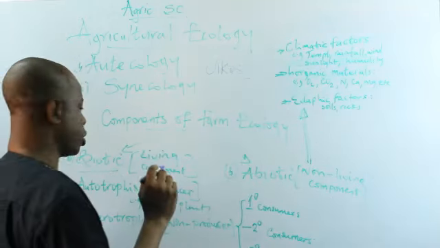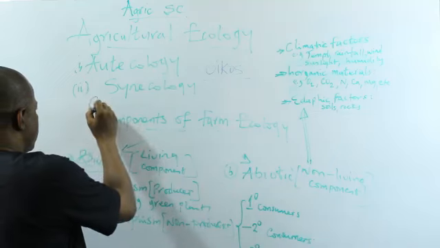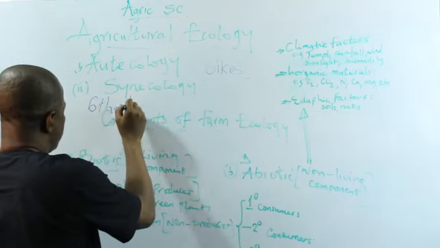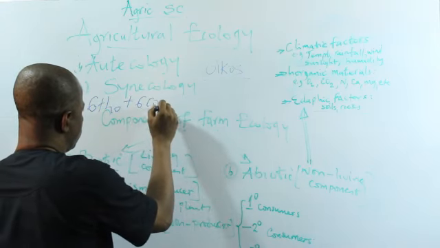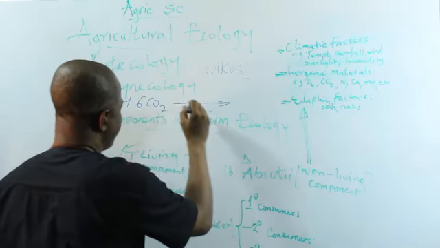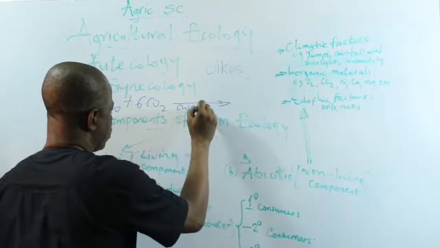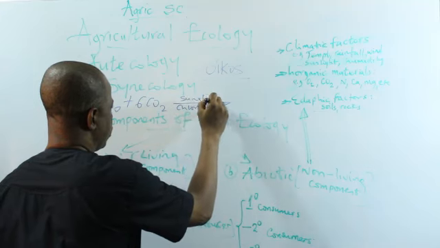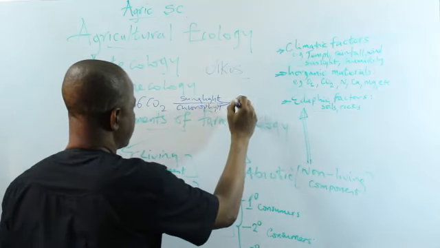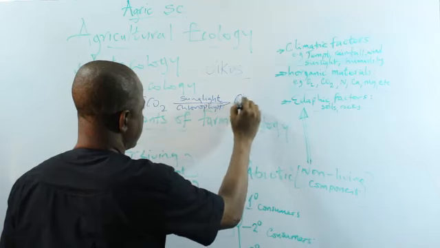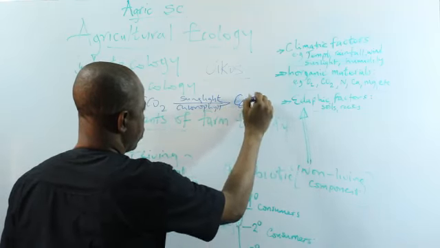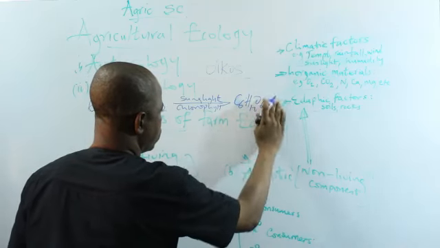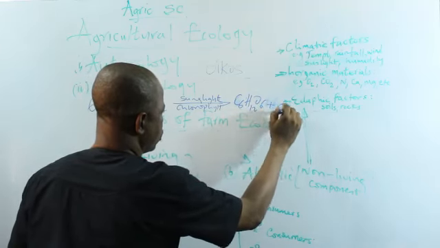You must have seen an equation like this before. 6H2O plus 6CO2, in the presence of chlorophyll and sunlight, gives C6H12O6 plus 6O2.